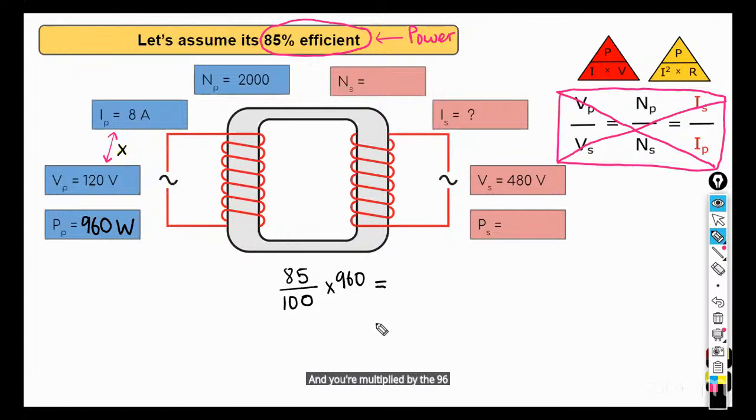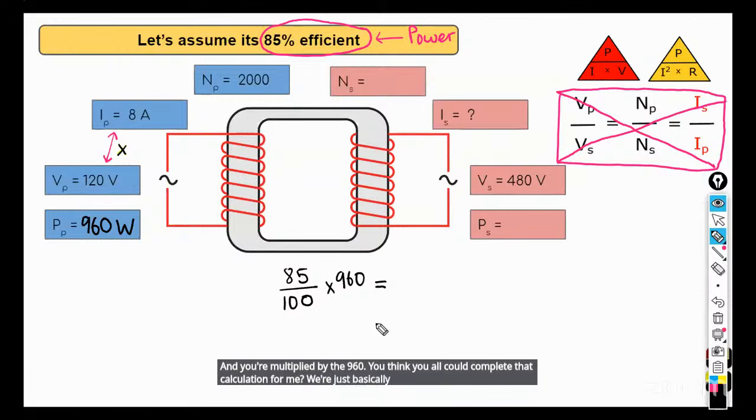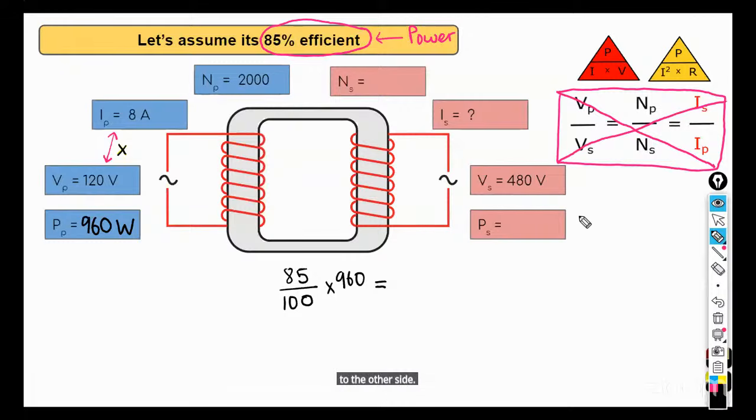You think you could complete that calculation for me? We're just basically finding 85% of the 960, and whatever answer we get is how much makes it across to the other side. You should be able to get it out from there. Super easy. Find 85% of 960.